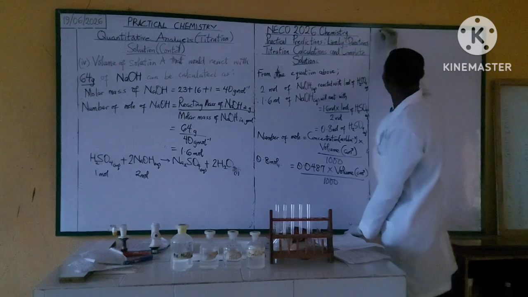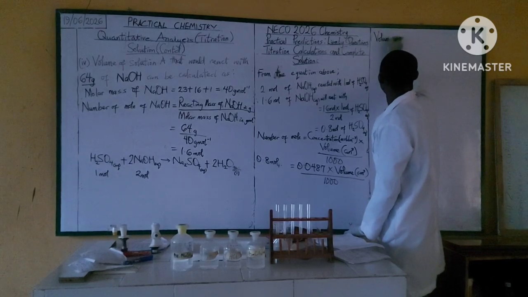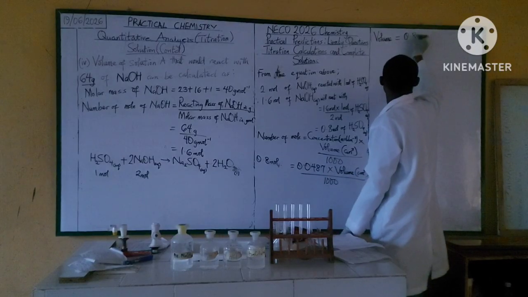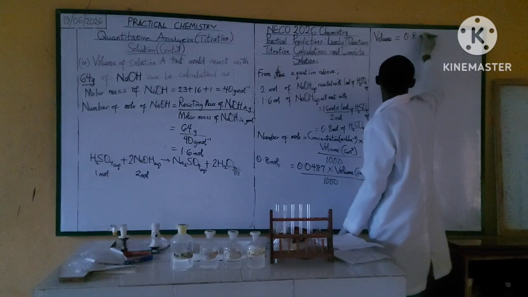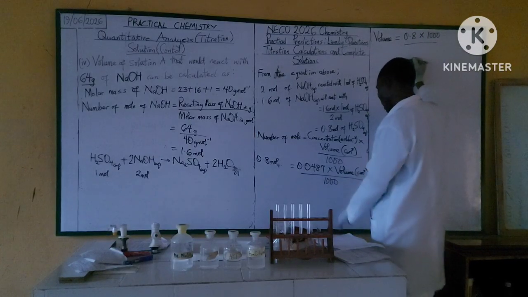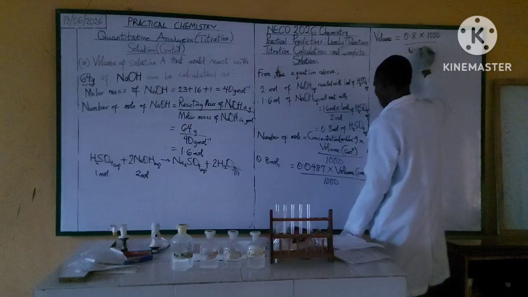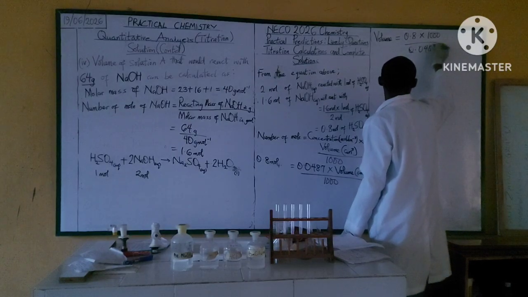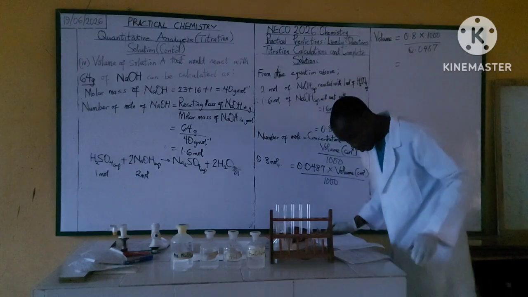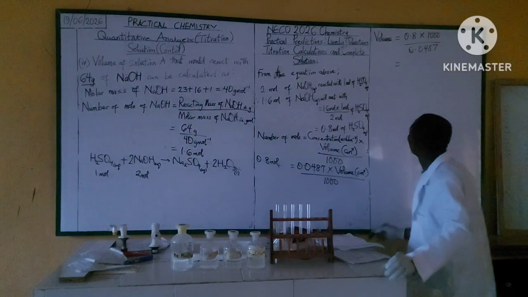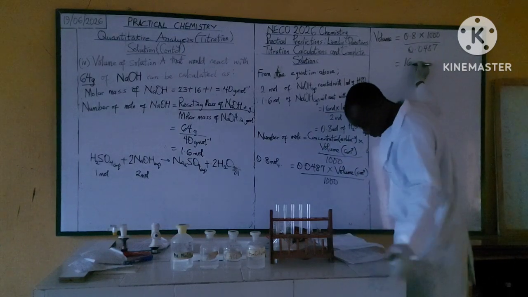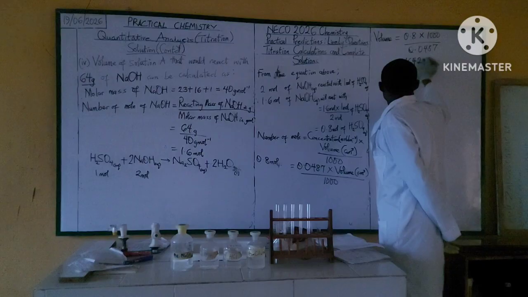We now have volume equal to 0.8 multiplied by 1000 divided by 0.0487. At the end of the day, we are going to have a value of 16.42.